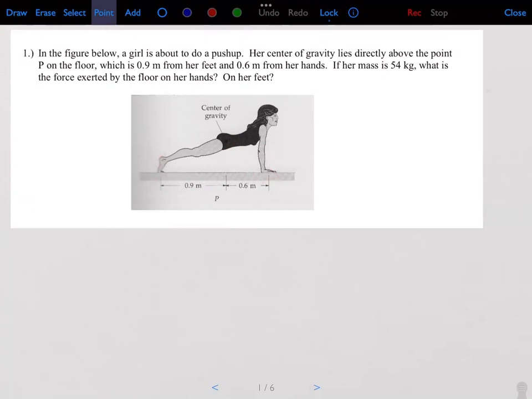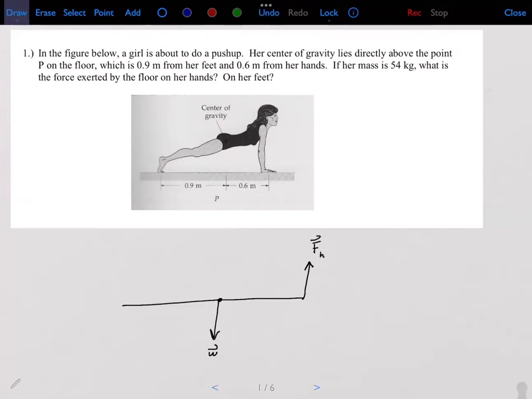Okay, so to start, let's draw this out just as a stick figure to make it easier. So let's say here's the girl. Her weight is acting at the center of mass, so that's down. It's really a vector. And the force acting up, the floor on her hands, I'll call F_H for hands.